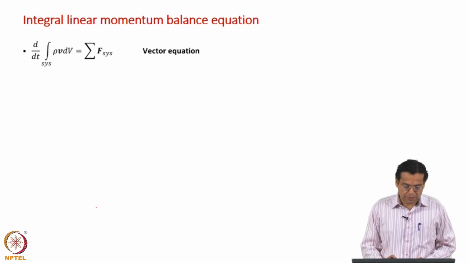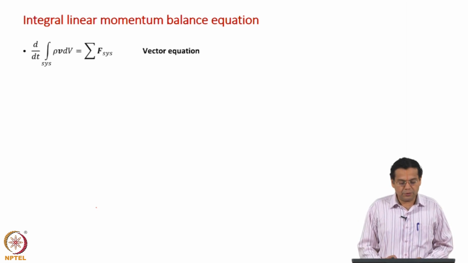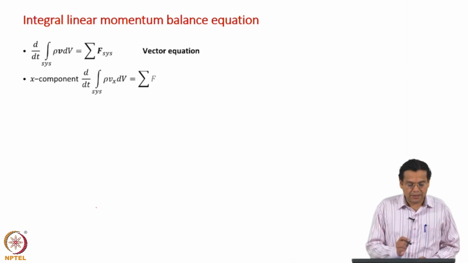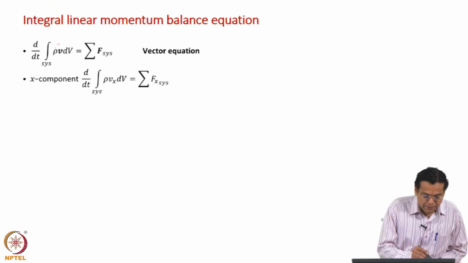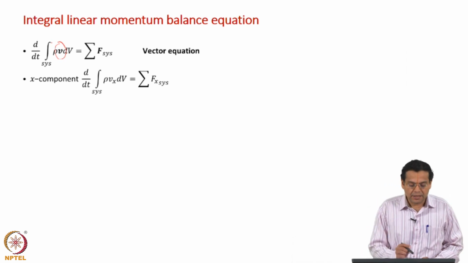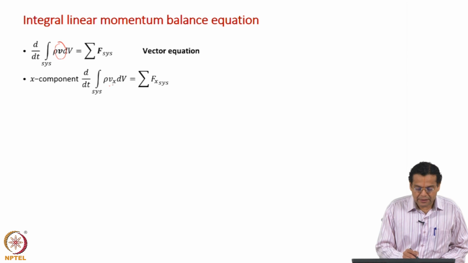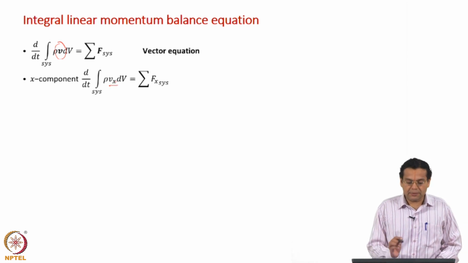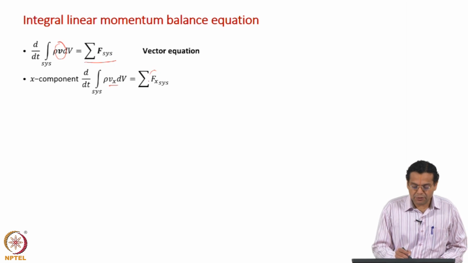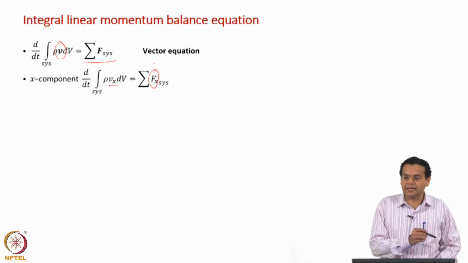Because it is a vectorial equation, what do we do? We work in terms of components of that equation. So, let us write down the x component of the above vector equation. What do I mean by that? This velocity has 3 components Vx, Vy, Vz. So, I use the x component alone. Similarly, on the right hand side I have the F vector, I take only the forces acting on the system in the x direction.